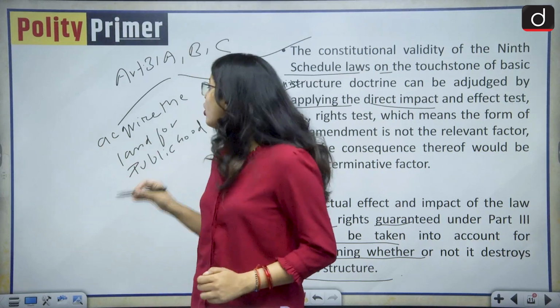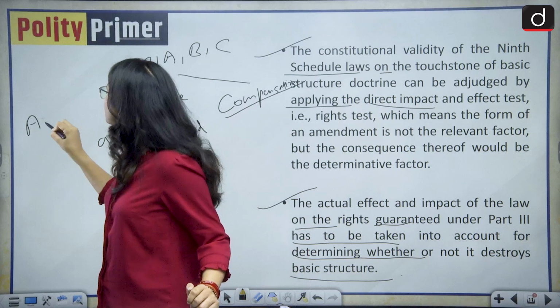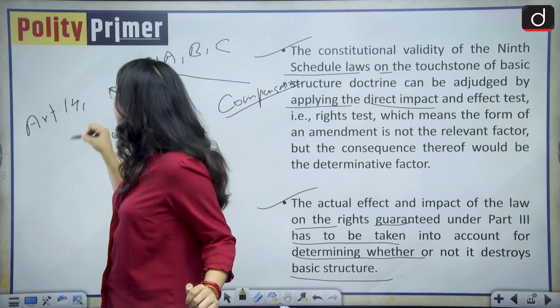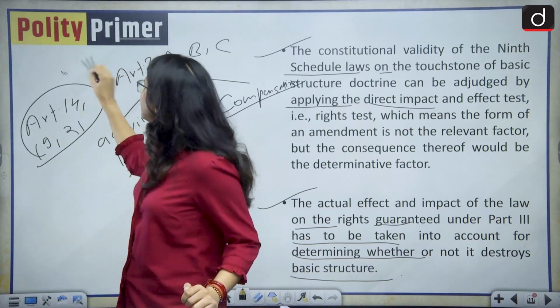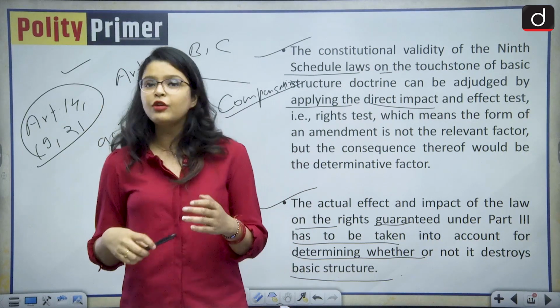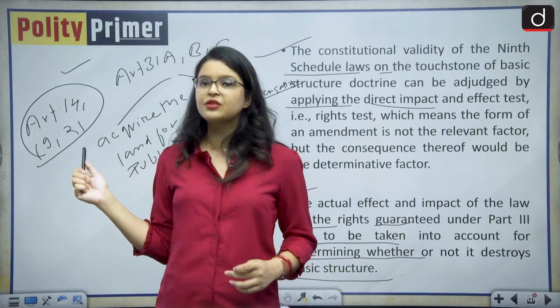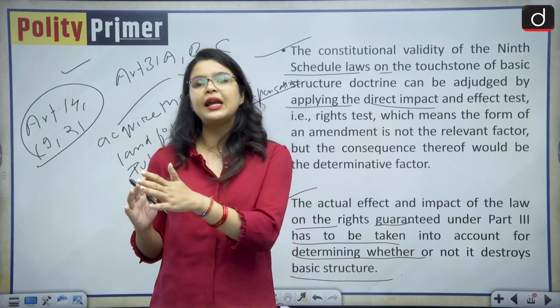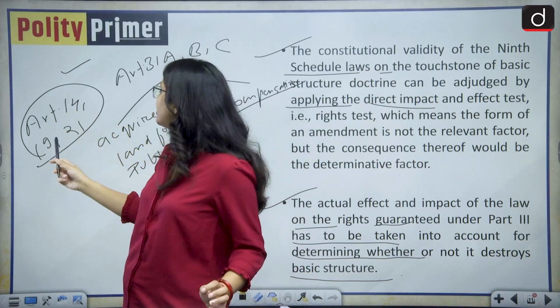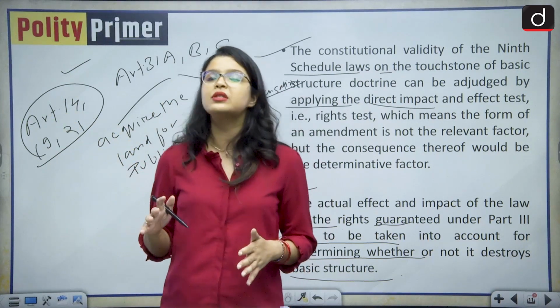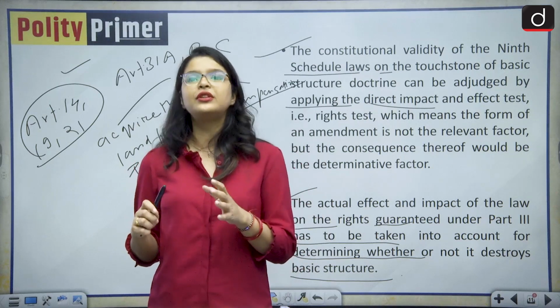The Supreme Court also said that whatever law is placed in the 9th Schedule will also be examined on the touchstone of the golden triangle of our Indian Constitution, that is Articles 14, 19 and 21. And if it is found that they violate this golden triangle as well, then also they will be held invalid, because this golden triangle of Articles 14, 19 and 21 also forms part of the basic structure of the Constitution.